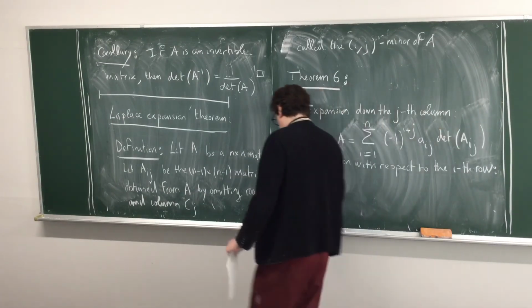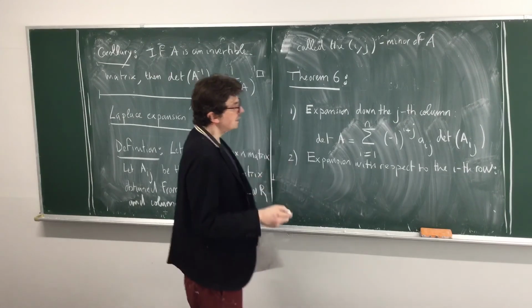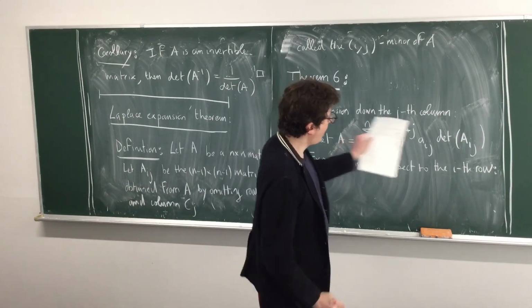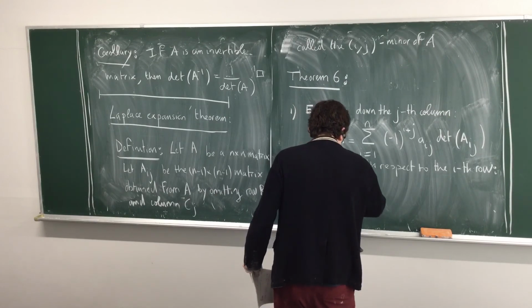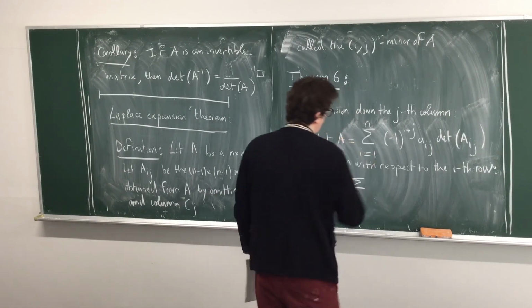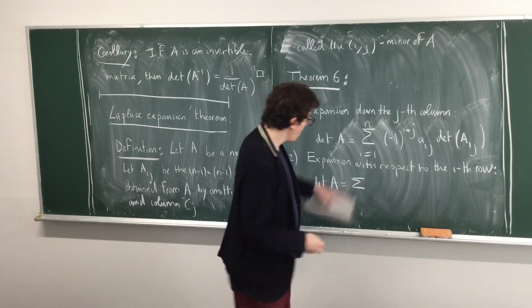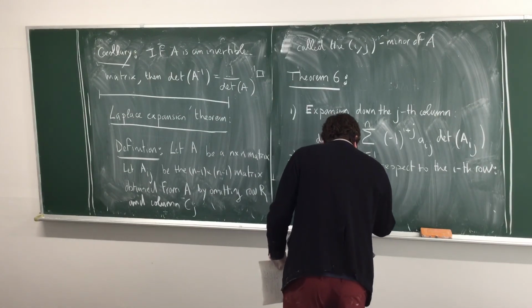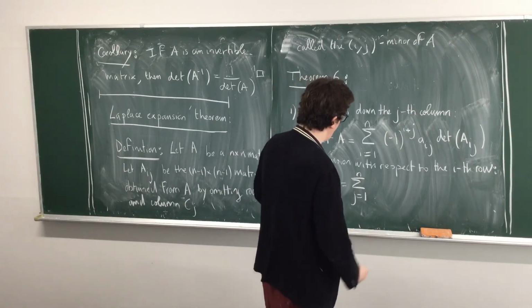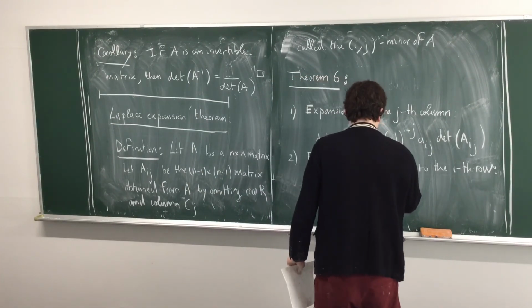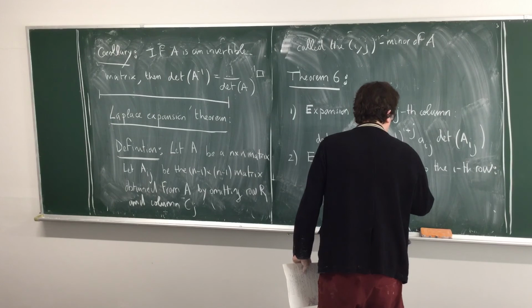Okay, so this is basically the same formula, except that this time i is fixed, which means that the only modification to the formula will be that instead of taking the summation over i, you take the summation over j, 1 to n, it's a square matrix, so n times n. And then the remaining formula is exactly the same.